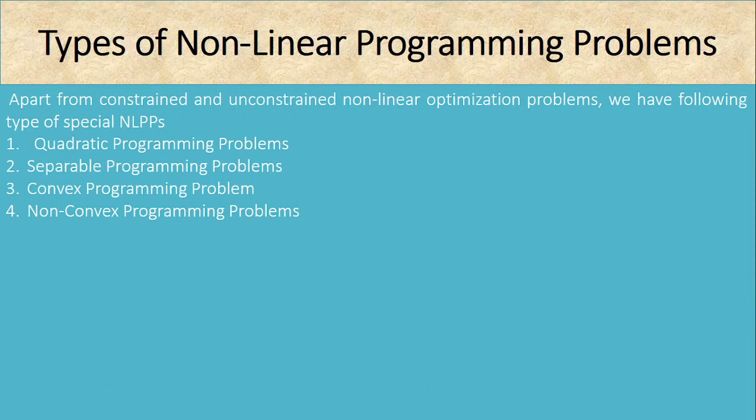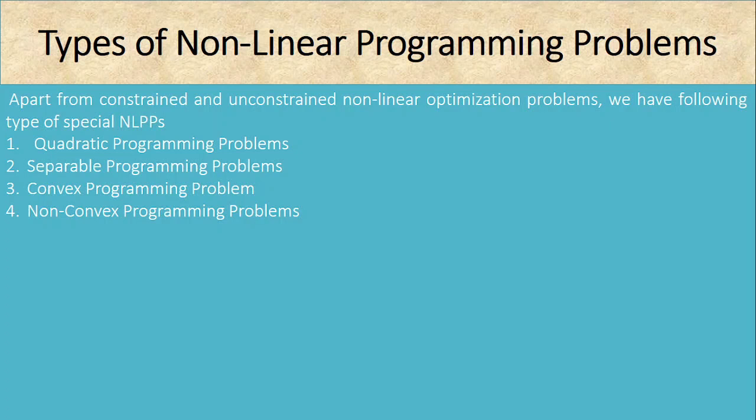Now, apart from constrained and unconstrained nonlinear optimization problems, we have the following types of special NLPPs. So one is the quadratic programming problem. In this, the objective function is in quadratic form, which means every term in the objective function is of degree 2, and the constraints are linear.